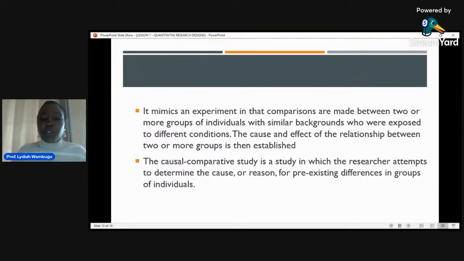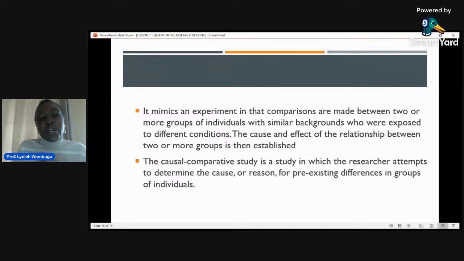So we had mentioned this, that ex post facto mimics an experiment in that comparisons are made between two or more groups of individuals with similar backgrounds who were exposed to different conditions. Then the cause and effect of the relationship between two or more groups is then established. What are we saying? That ex post facto mimics, or it tries to look like, but it is not.